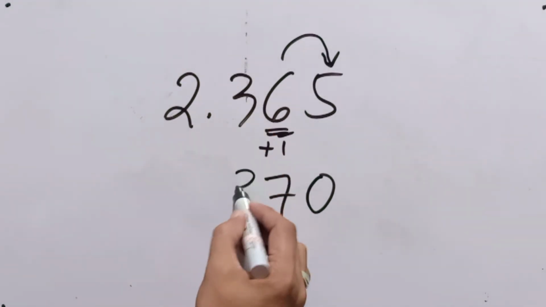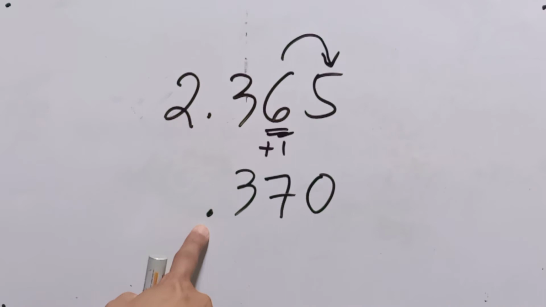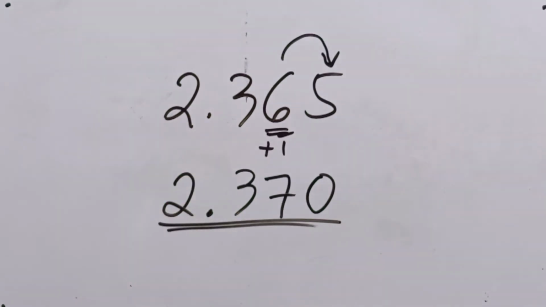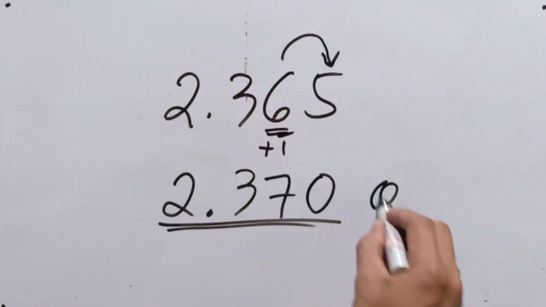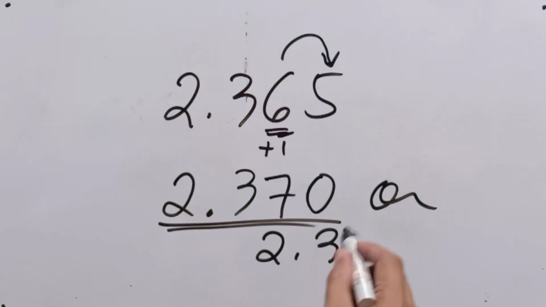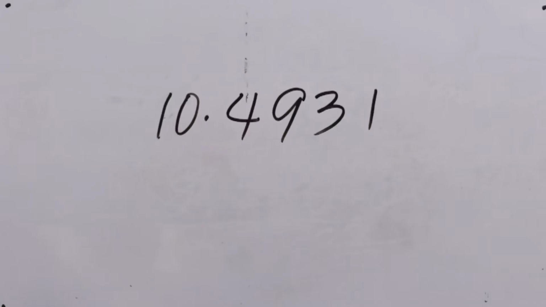Yes, we simply remain them. Same with the decimal point, remain. And the 2 here. So our answer is 2.370. Or we can remove the 0. We can also have 2.37.